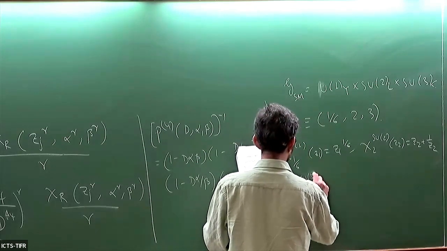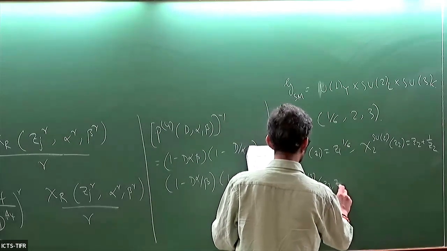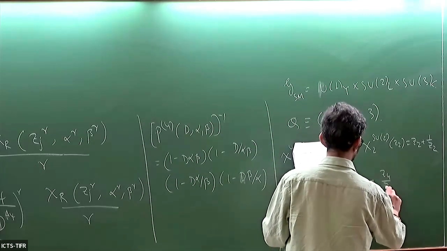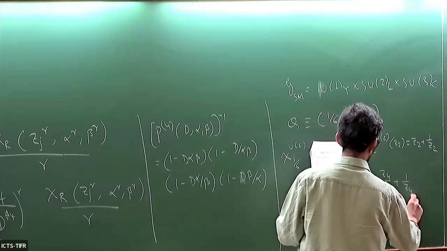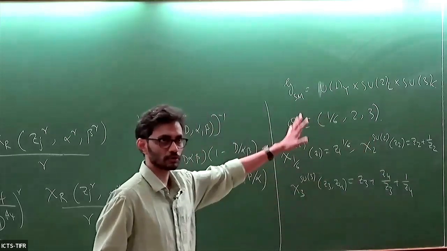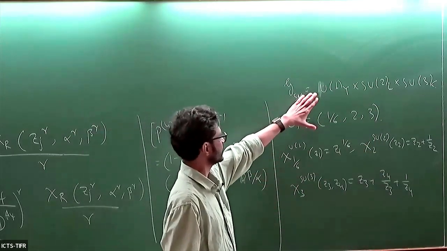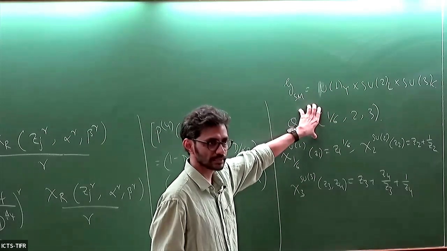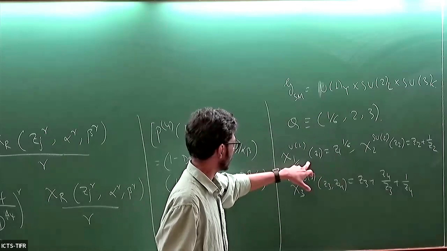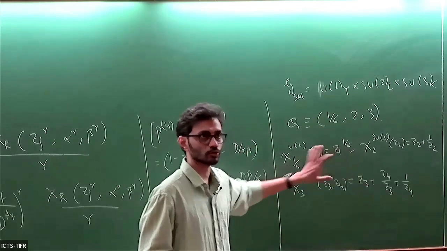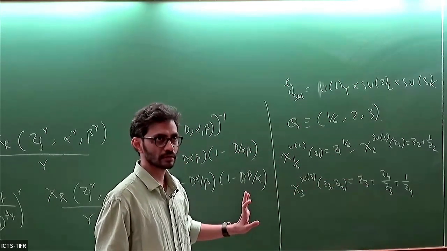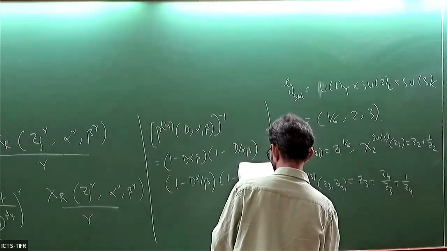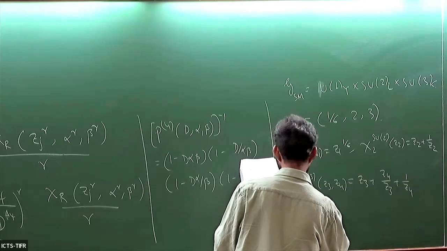Chi3 of SU3, with Z3 and Z4, will be Z3 plus Z4 by Z3 plus 1 by Z4. Okay, just follow the steps. First we identify what is my symmetry, what is the charge under this internal symmetry, and then I write the individual character for each group, right? And then I write down my total character chi q.